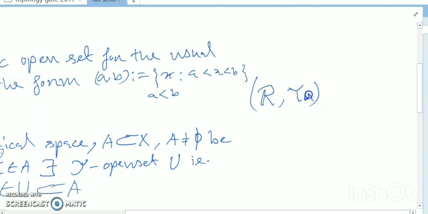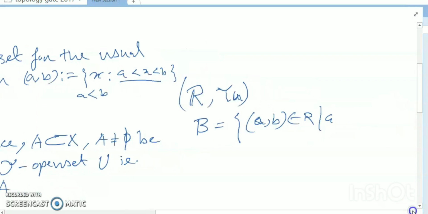So the base B is equal to the set of (a, b) with a, b belonging to R such that a less than b. This is the usual topology.